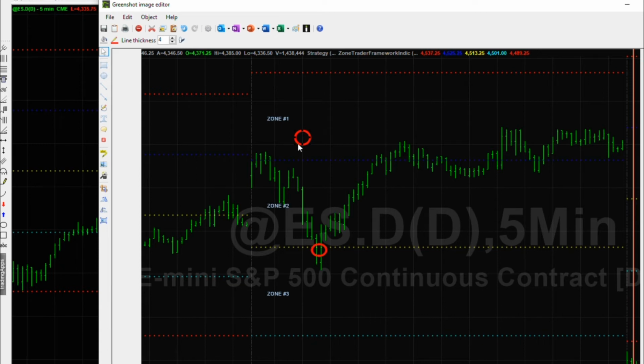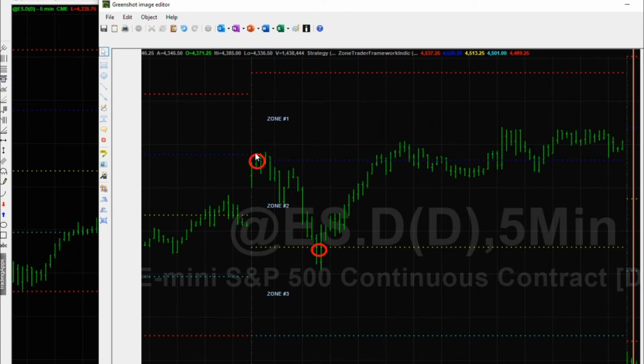But in this case, the only ones I'm interested in are the last 2 crossings. These crossings are special because they're crossing into and out of the same zone. So here we cross into zone 1.